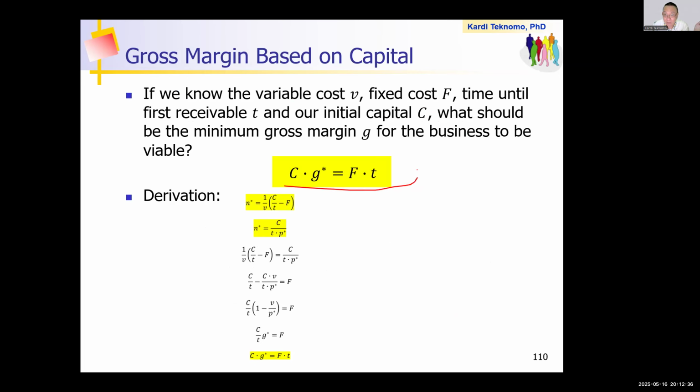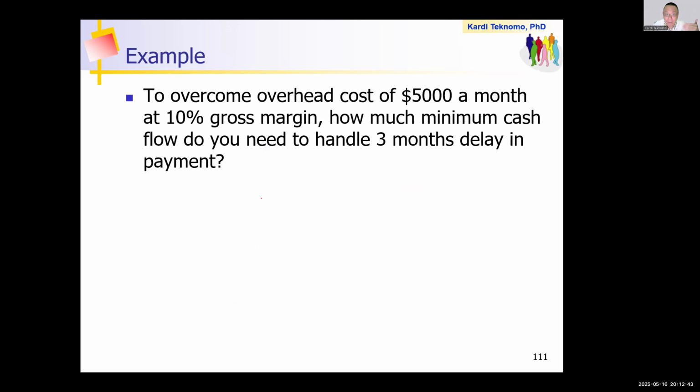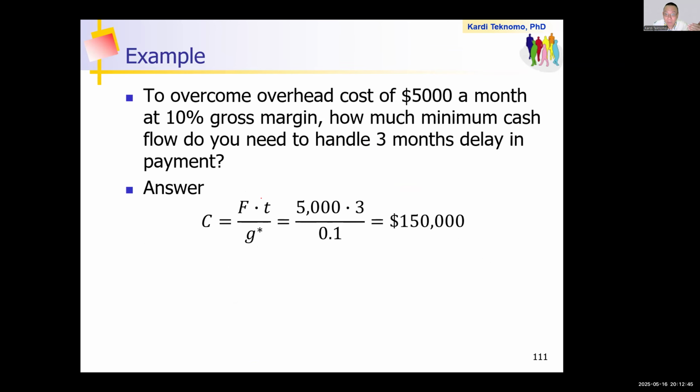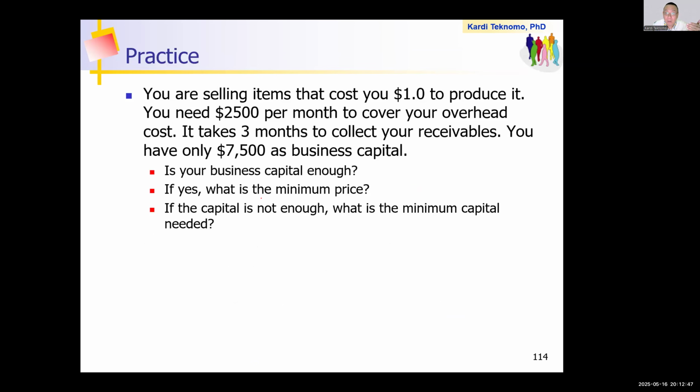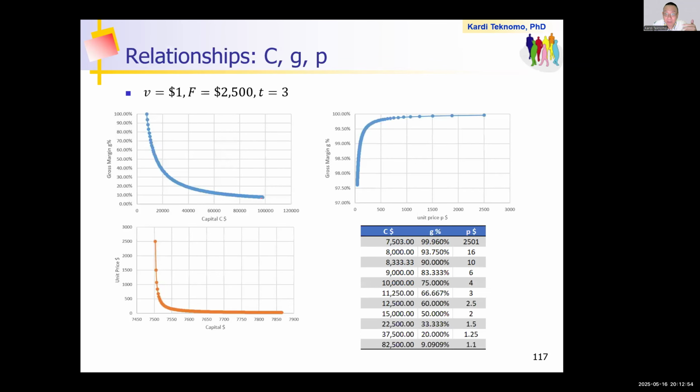And this is the formula that we can use. And based on this, you can now compare what happened if, this is just the same as before. It's just plugging in numbers.